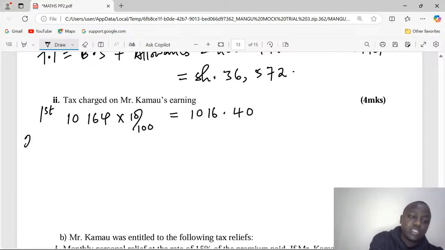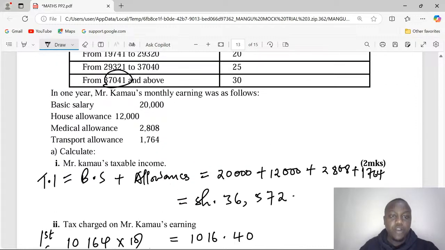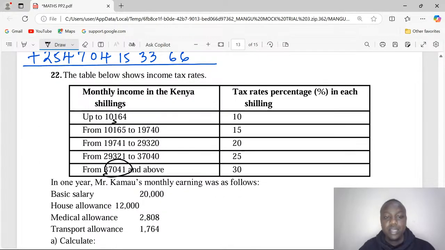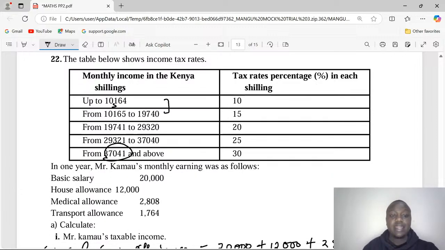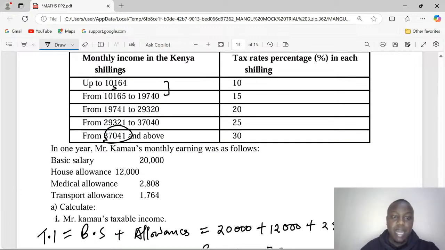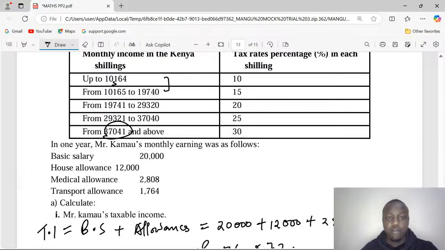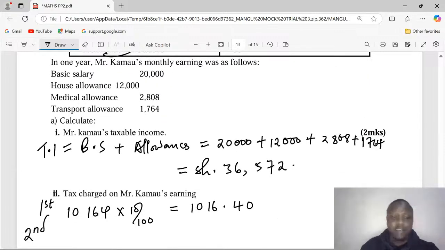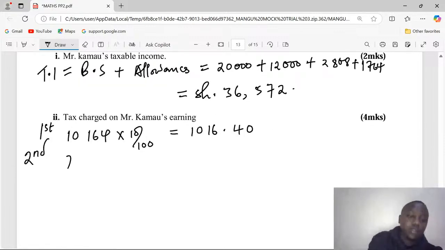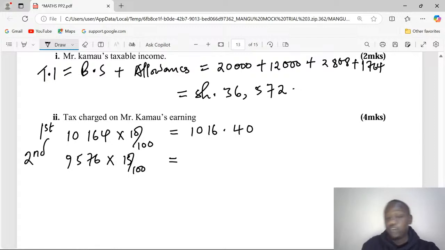Then in the second, we're going to check the amount there, whereby we will take 19,740 and we subtract the limit of the other band there, 10,164. When you subtract there, you get 9,576. 9,576 at the rate of 15%. This is going to give us 1436.40.